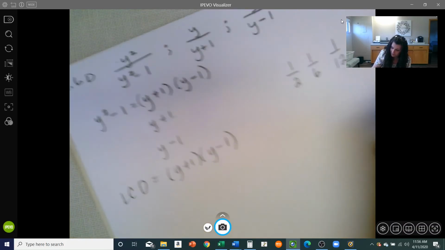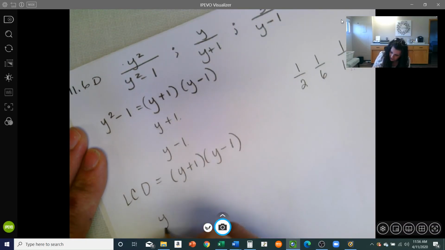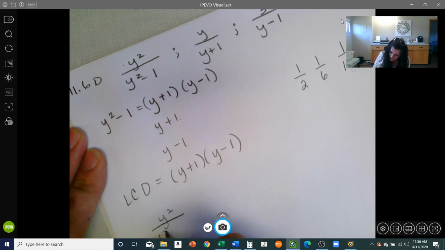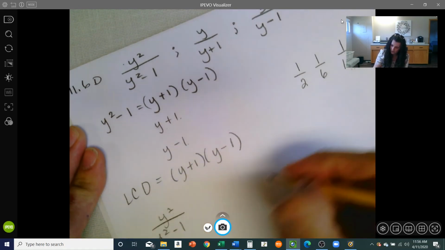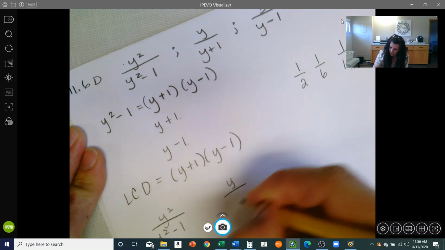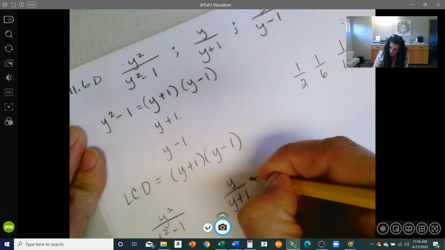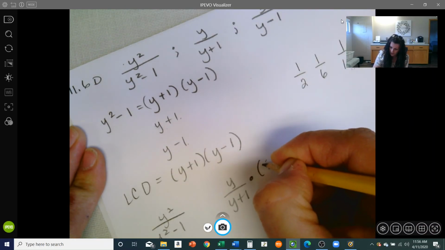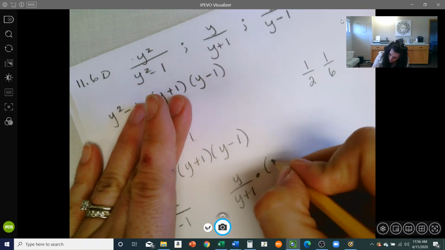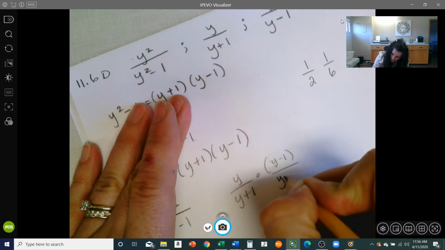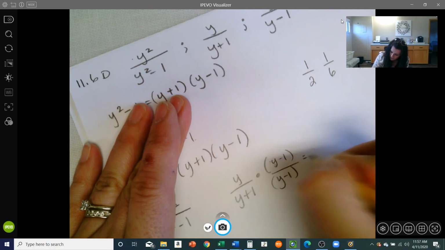So when I change my denominators, I don't have to change the first one. It stays the same. And then my second one, I have y over y plus 1. I need to multiply by y minus 1 over y minus 1.